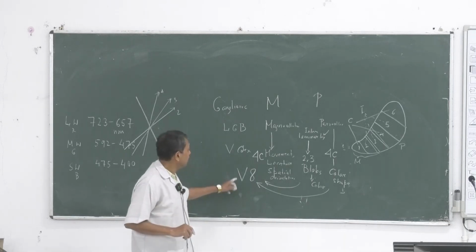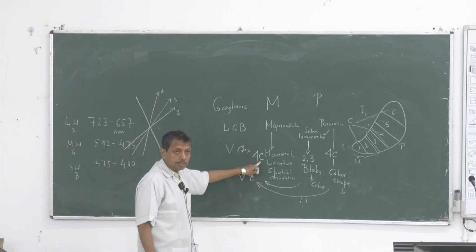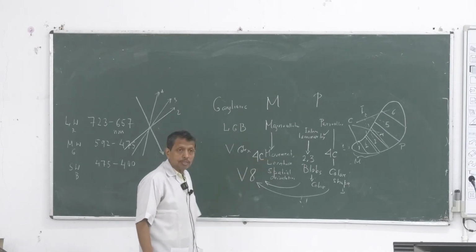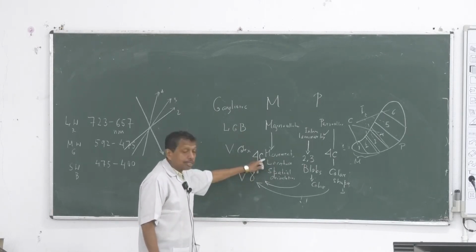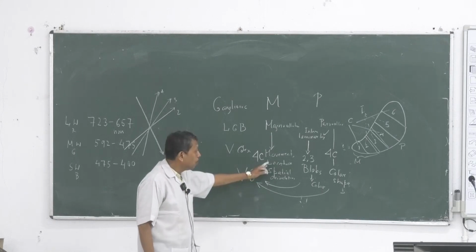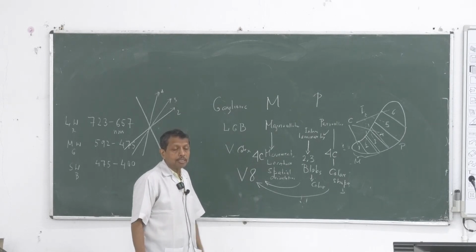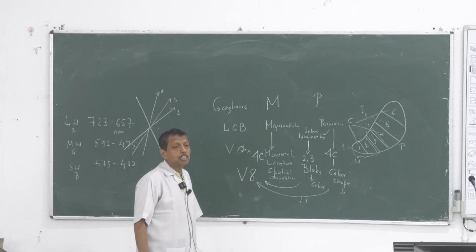And these M cells, in this case, are also in the area of 4C. But it is different from this. A color object can have movement, its location, spatial orientation. So different areas are simultaneously stimulated.